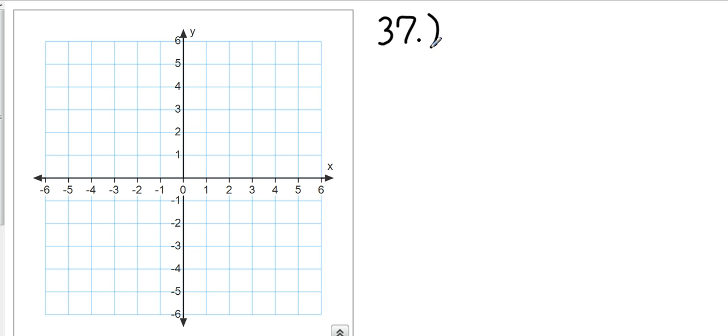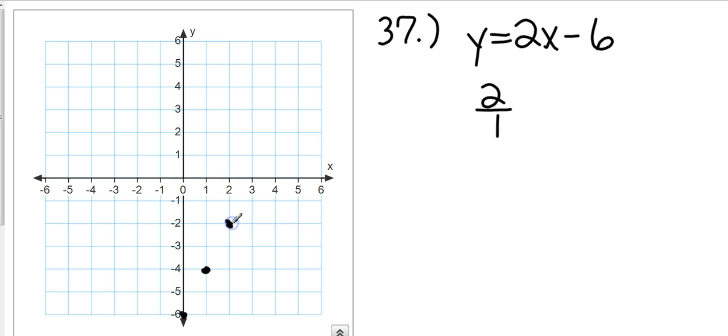And our equation in number 37 is y equals 2x minus 6. And so my y-intercept in this case is going to be negative 6 all the way down here. My slope tells me that I have 2 over 1. So I'm going to rise 2, run 1. Rise 2, run 1.